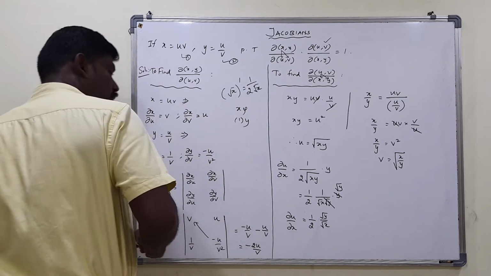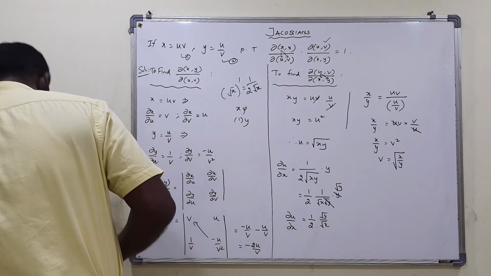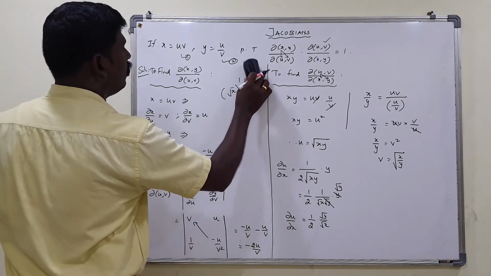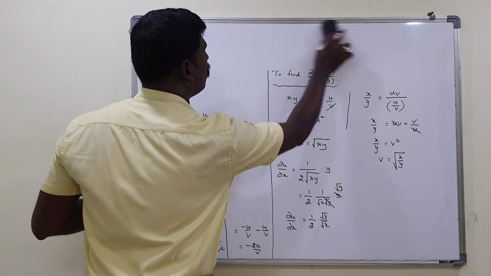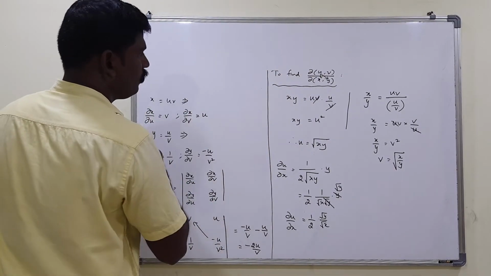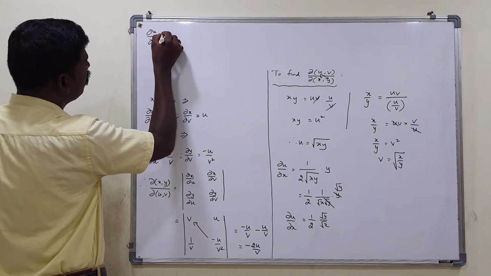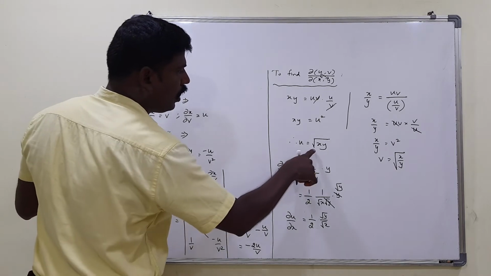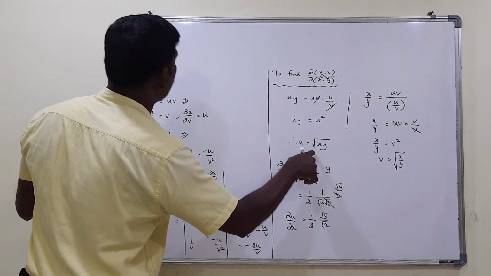Same like that, we can find dou u by dou y also. What is dou u by dou y? Dou u by dou y is equal to, again you treat x as a constant, it is in the form of root y type.